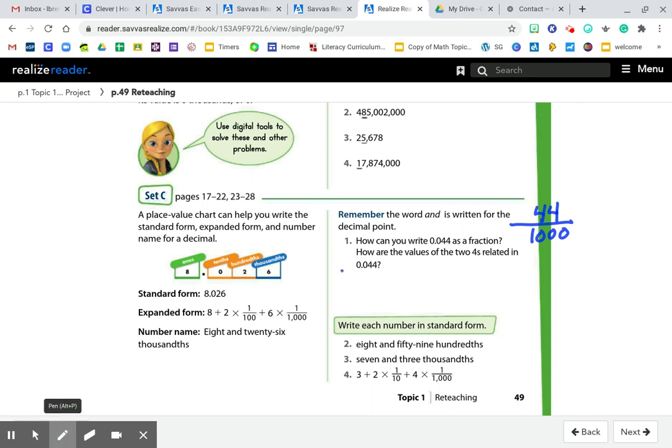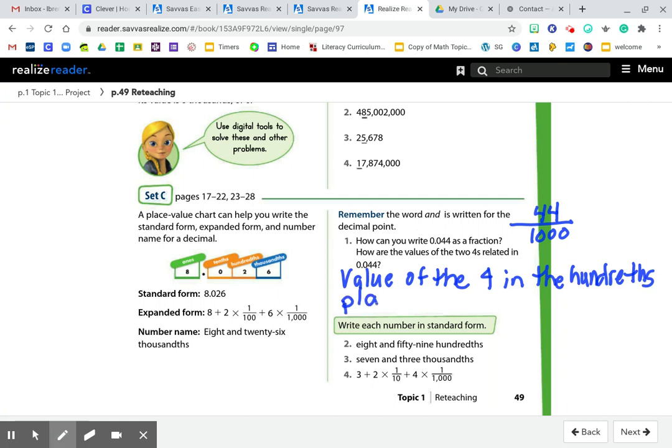So you can say the value of the 4 in the hundredths. Make sure you're getting that TH at the end so the reader knows you're talking about decimals. The value of the 4 in the hundredths place is 10 times bigger, or greater than, the value of the 4 in the thousandths place.